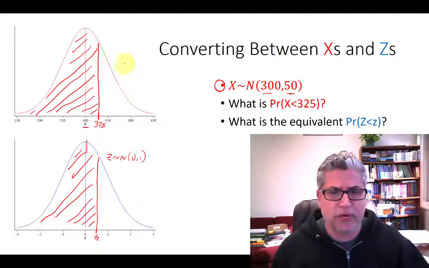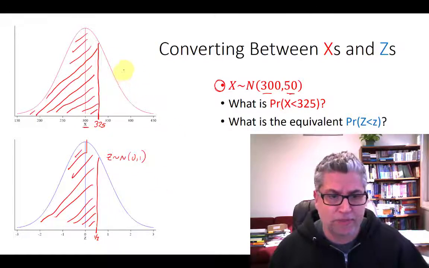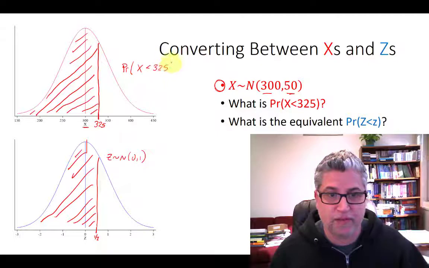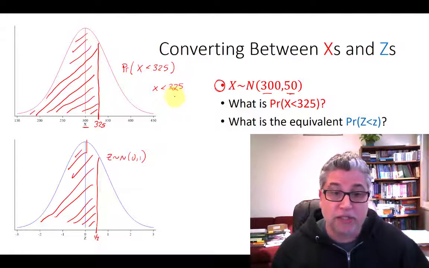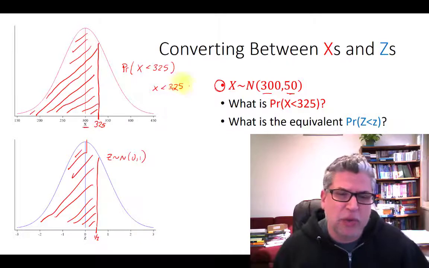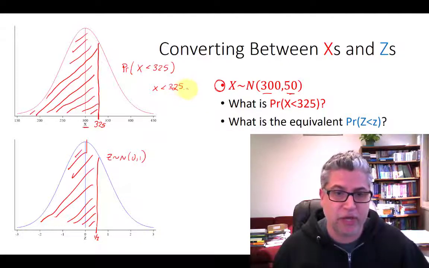So what did we do here? We had this question. What is the probability that x is less than 325? So let's just focus on this part. Now we can subtract off whatever we want as long as we do it from both sides. So what if we subtract off 300?